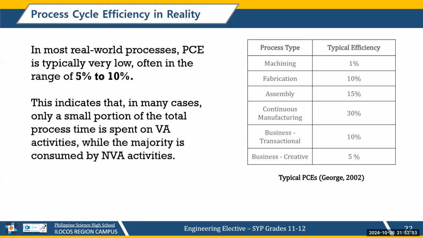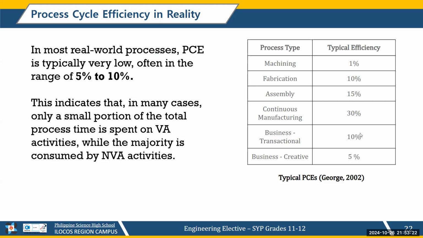But in reality, or in most real-world processes, the PCE is typically very low, often in the range of 5% to 10%. So according to George, for example, in fabrication, the typical PCE is 10% only. For assembly, that is 15%. For casual business or transactional businesses, 10% lang din.